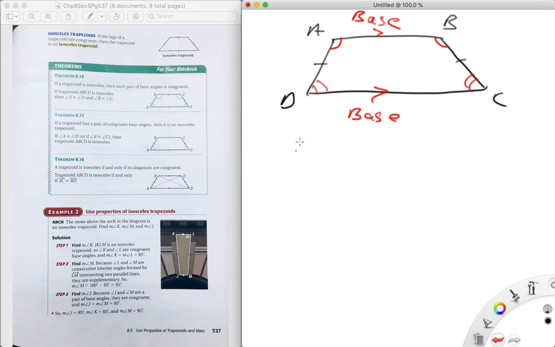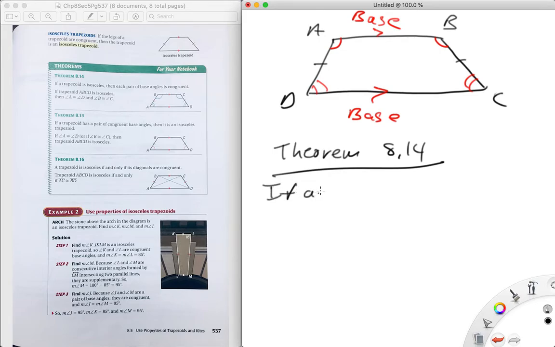So when we talk about theorem 8.14, it says if a trapezoid is isosceles, then the pair of base angles are congruent, both pairs.